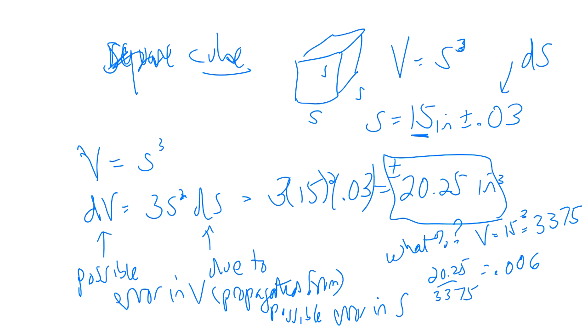That's 0.6% error in our volume. Again, this seems like a lot, a possible error of 20 cubic inches, but it's only 0.6% of the volume at that point. So it's actually quite small.